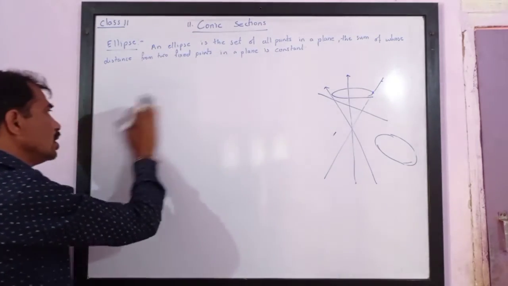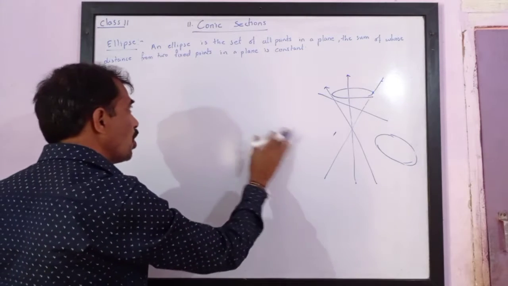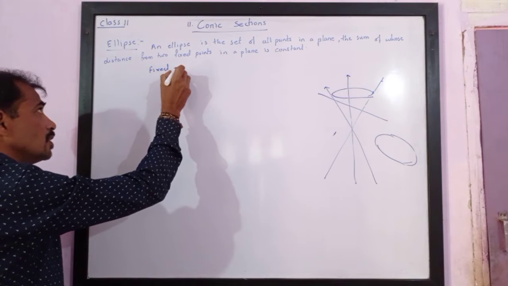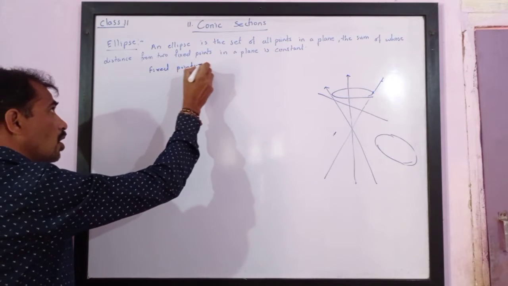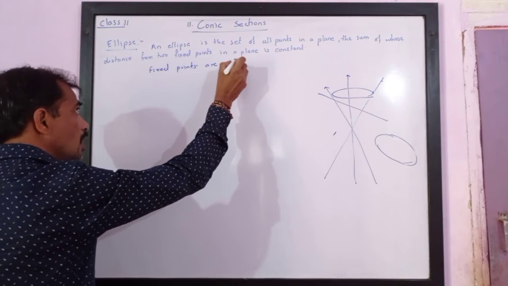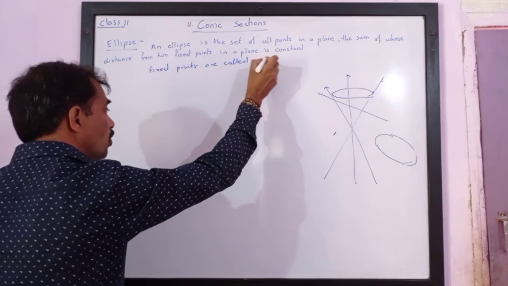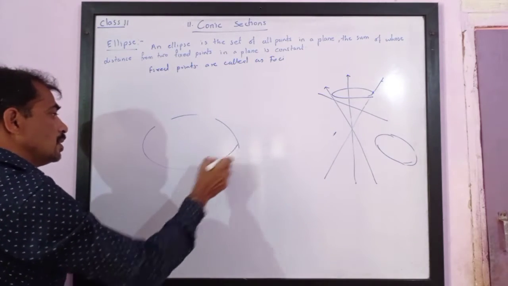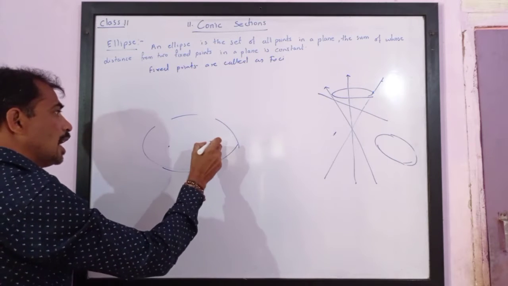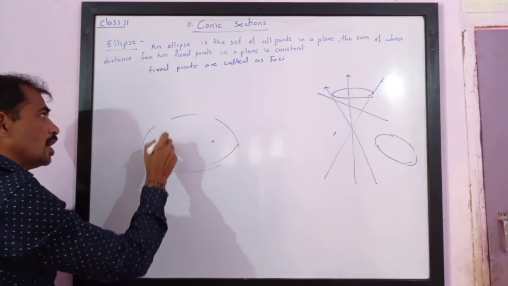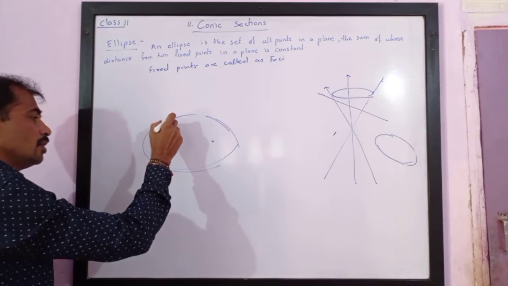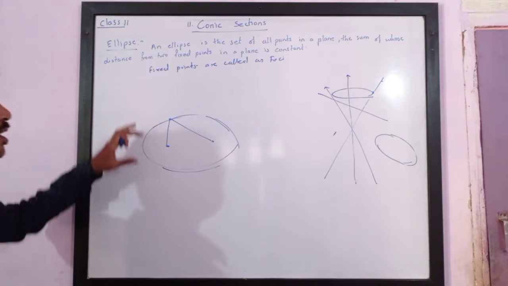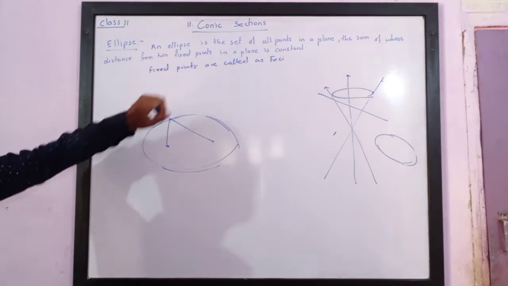Now those fixed points are called foci. So if this is an ellipse, then it has two fixed points, and if you take any point on the curve, then the sum is always constant.